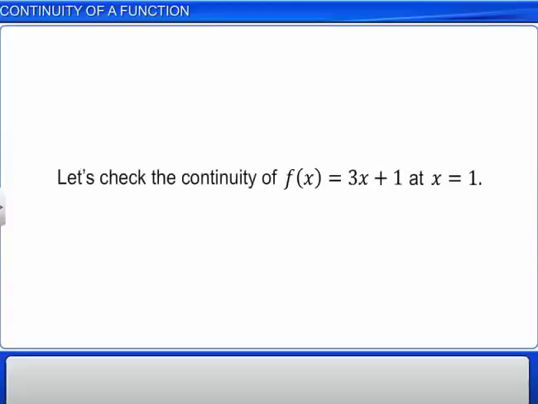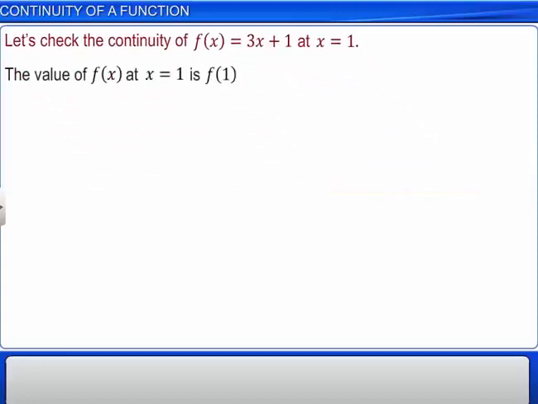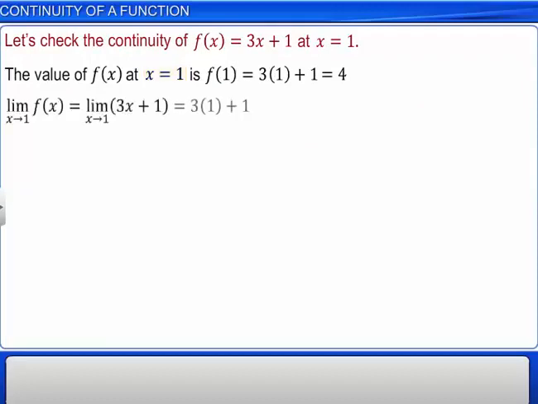Let's apply the definition of continuity to check the continuity of a function f given by f of x equal to 3x plus 1 at x equal to 1. It is clear that the value of the function is 4 when x is equal to 1. Next, we'll find the limit of the function as x approaches 1.